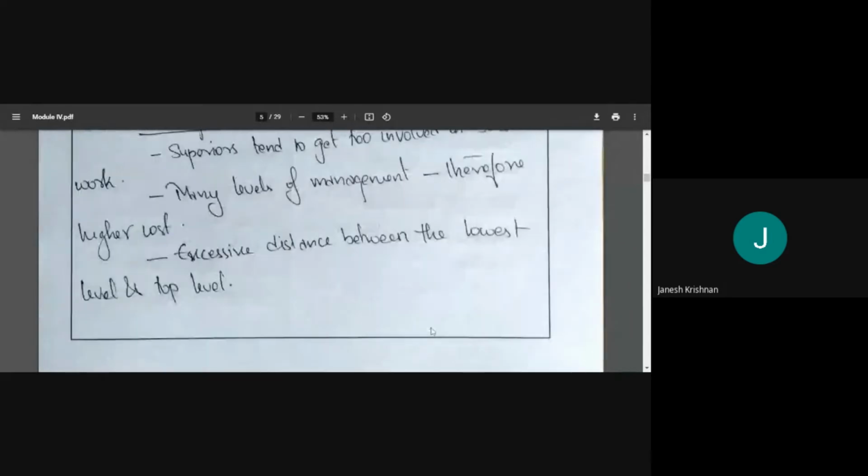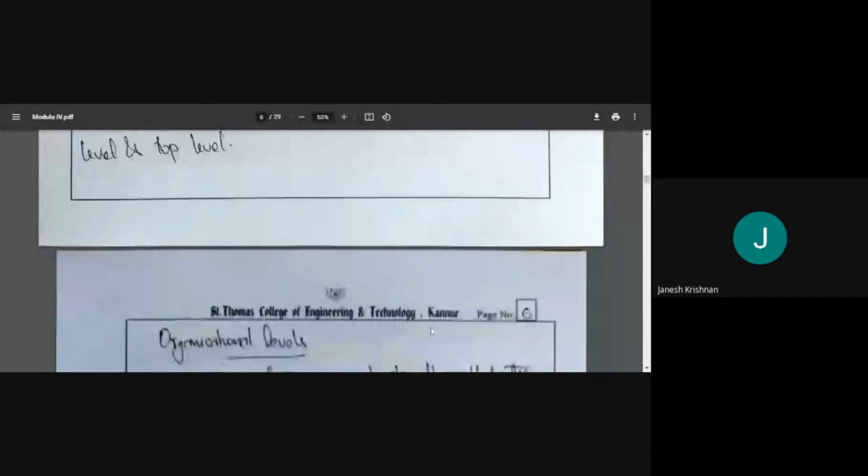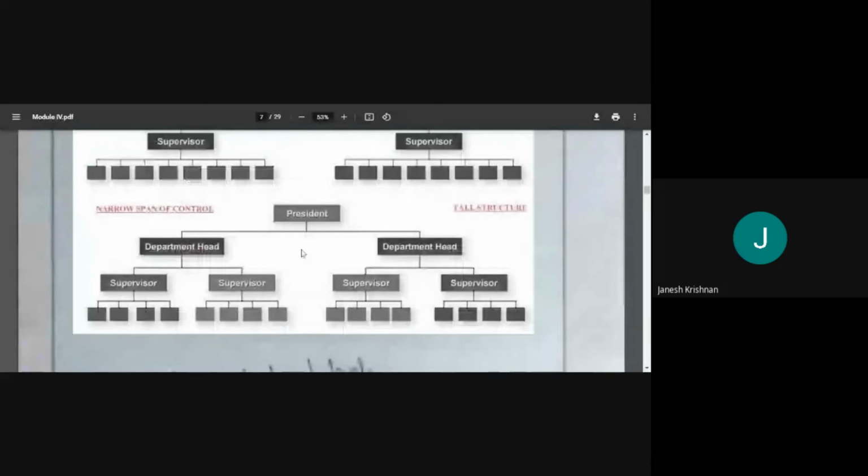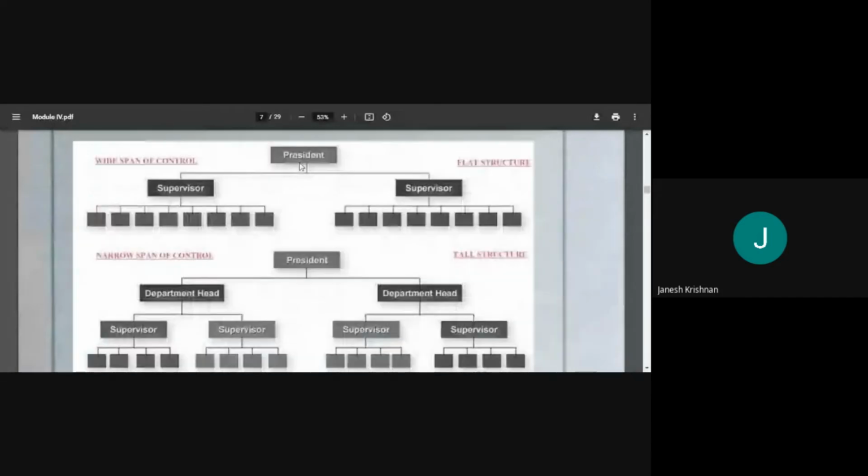Then the distance between the lowest and top level is too much. In the first case, when the president gives an order, he gives it to the supervisor, supervisor to worker. But here, the president will give an order to the department head to give to the supervisor, and then it will reach the employee. Right? So the distance is longer.